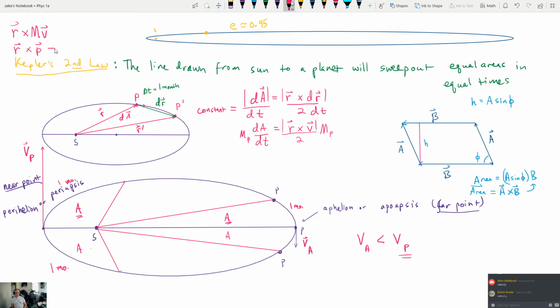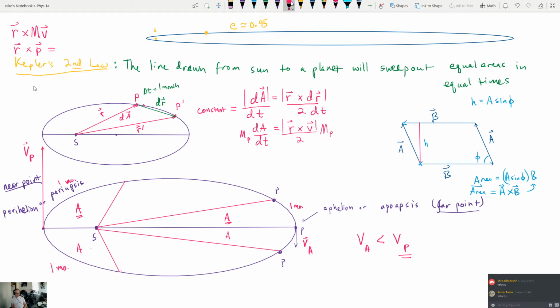But r cross momentum is equal to what? This is what we learned about the last couple weeks, basically. mvr, what is that? Momentum times a distance. What is that equal to? We've been talking about it for like 2 weeks now. What is r cross p? p is momentum.